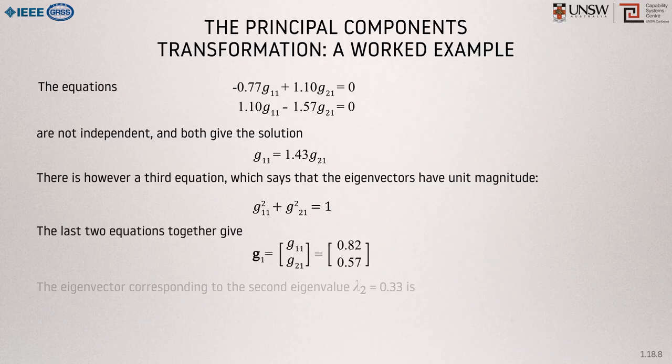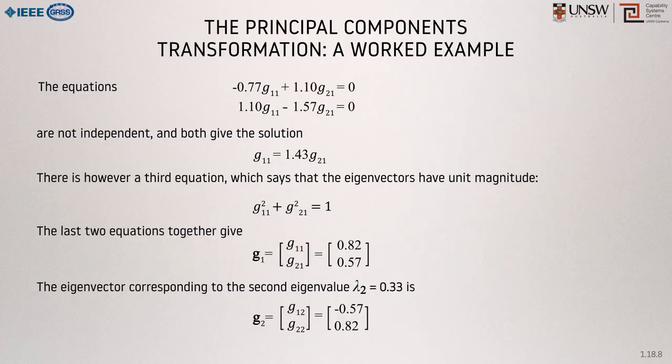When we substitute into that the solution to the eigenvector equation above, we now have unique values for the two components of the eigenvector, allowing the eigenvector to be written as shown in the second last equation on the slide. If we go through the same process using the second eigenvalue, we get the last equation on the slide.